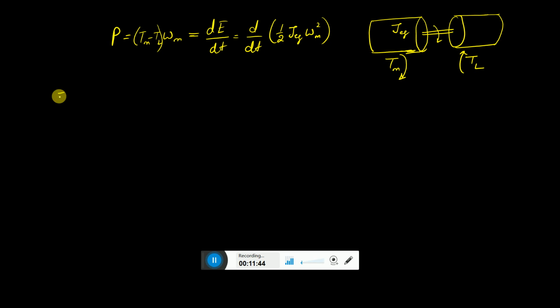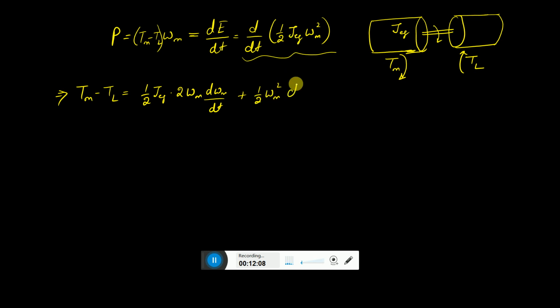We can write the next line: Tm minus TL is equal to the derivative of half J equivalent omega m square, which is J equivalent 2 omega m d omega m by dt, plus half omega m square dJ equivalent by dt.